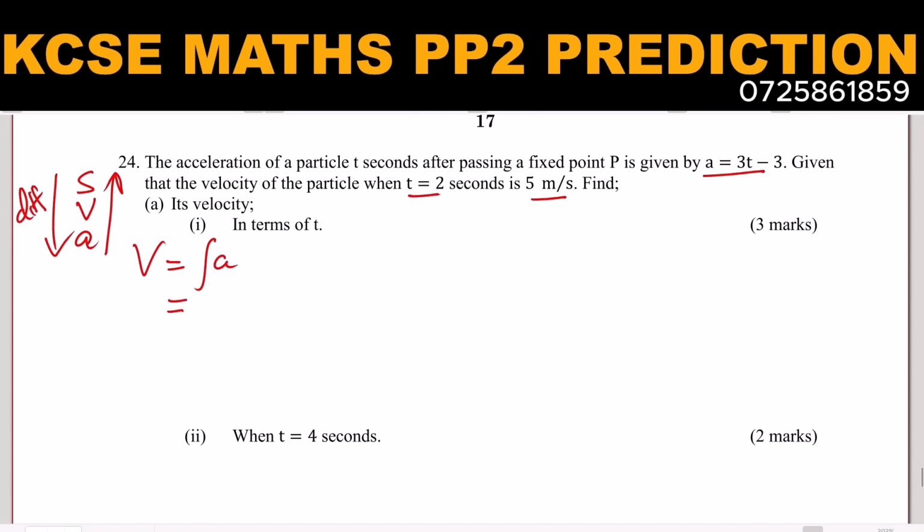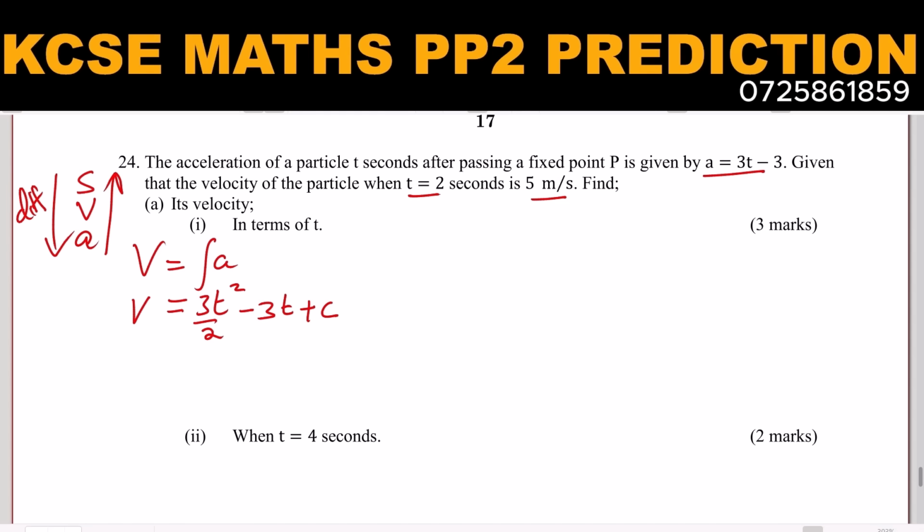So in this question, you're going to integrate this expression for acceleration, 3t - 3. This will give 3t squared divided by 2 minus 3t plus the constant of integration. That is what is going to give you velocity when you integrate acceleration.